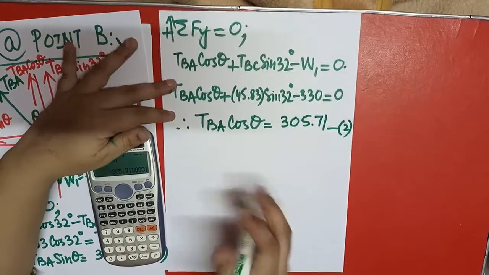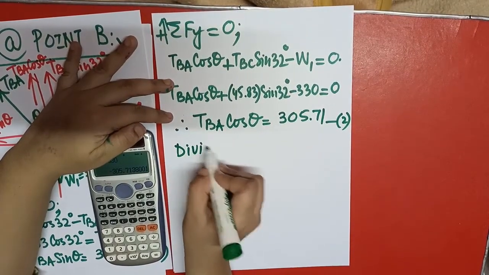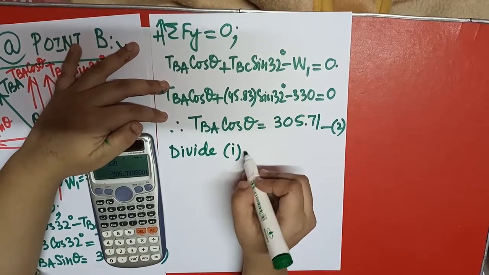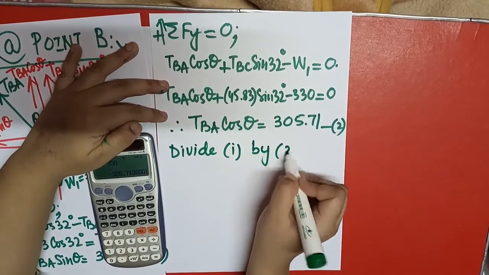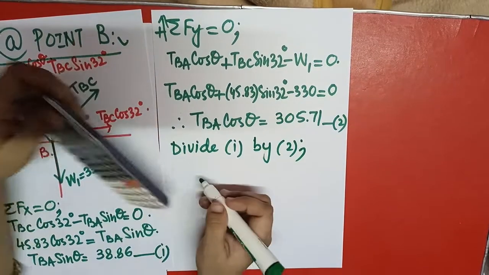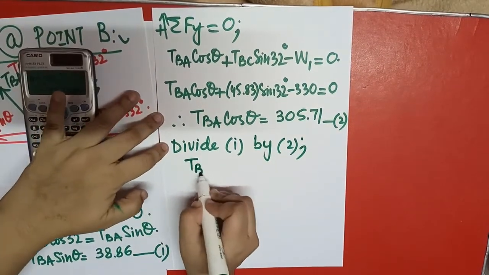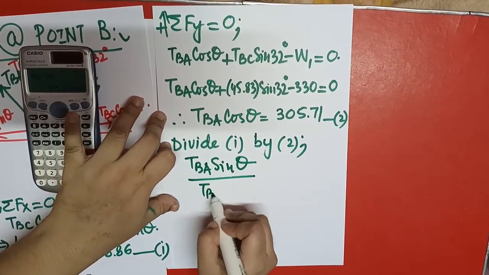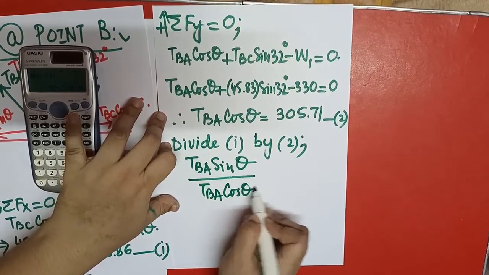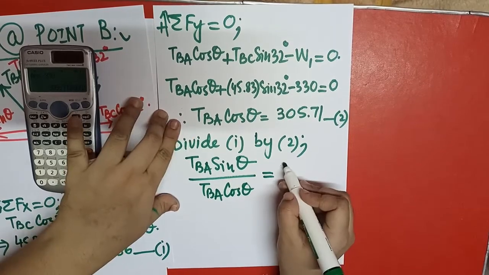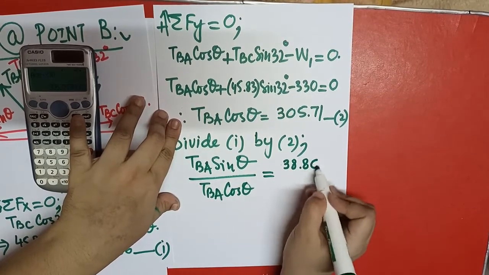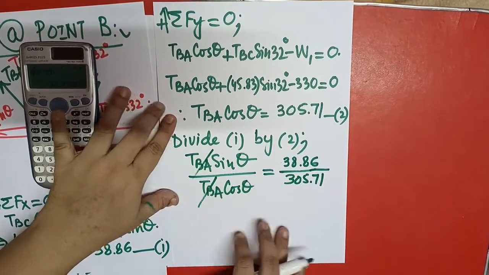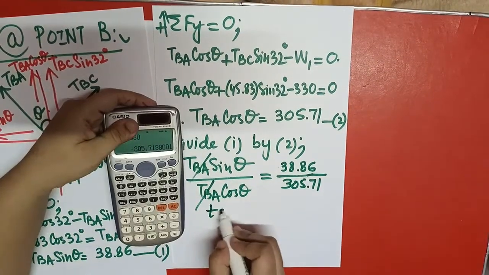Therefore, divide equation 1 by equation 2, because I will get sin upon cos. So TBA sin theta upon TBA cos theta equals 38.86 divided by 305.71. TBA cancels.